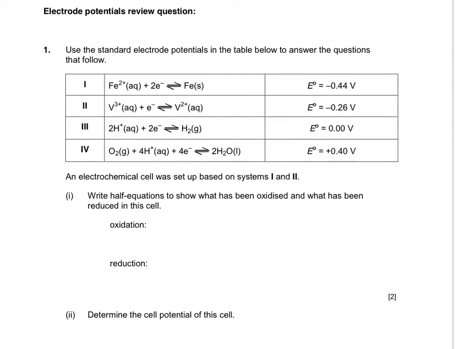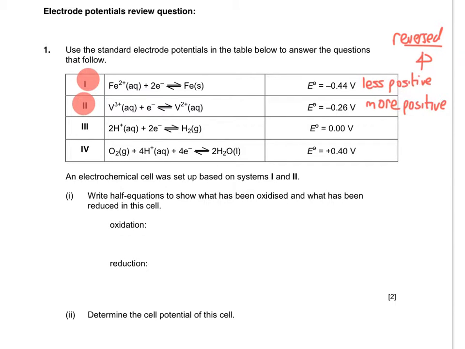So this is another electrical potentials type question, but you might spot that there's some hydrogen-based half cells in the actual table. And it says an electrochemical cell was set up based on systems 1 and 2. So again what we've got to do is work out which one has turned into an oxidation and which one has turned into a reduction.